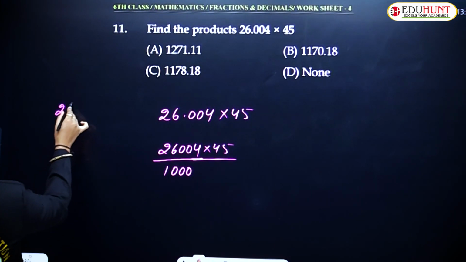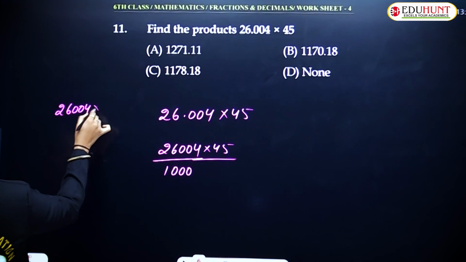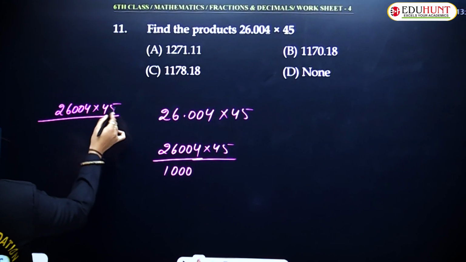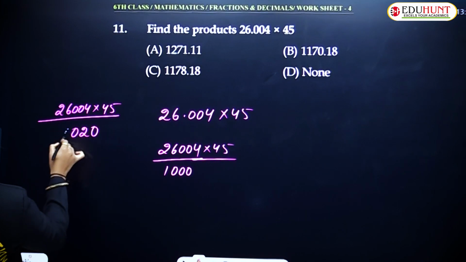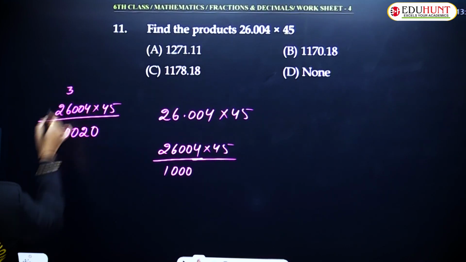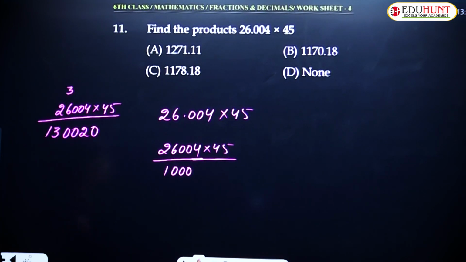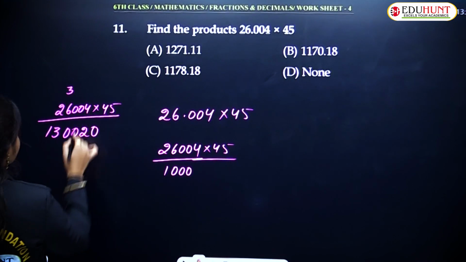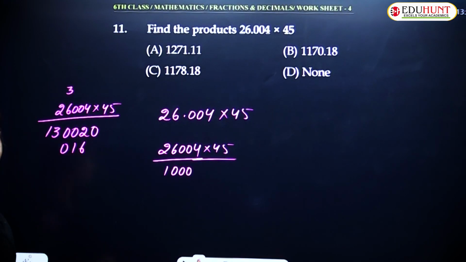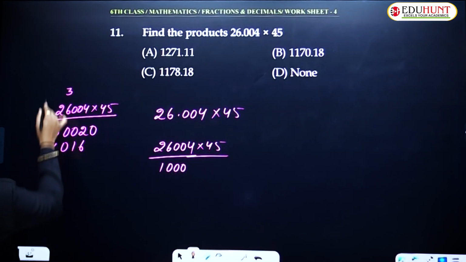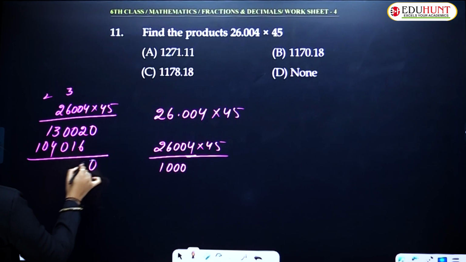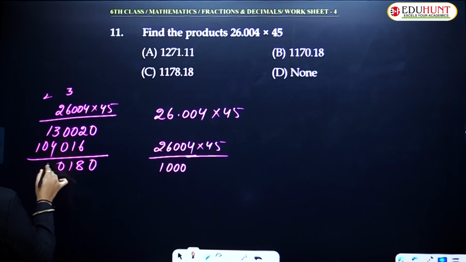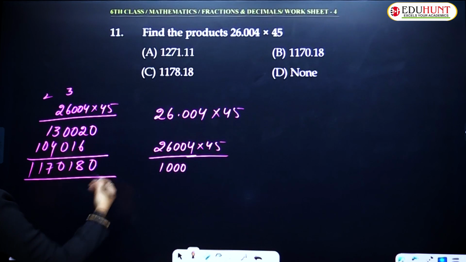Okay, 26004 into 45. 5 4's are 20, 5 0's are 0, 5 6's are 30, 5 2's are 10 plus 3, 13. Clear? Next, 4 4's are 16, 4 0's are 0, 4 6's are 24, 4 2's are 8 plus 2, 10. 1170180.